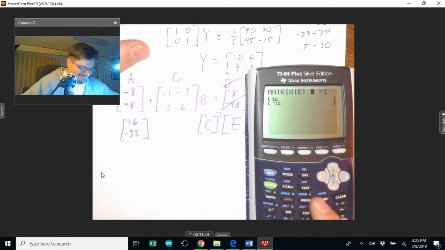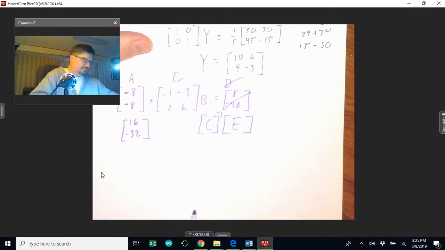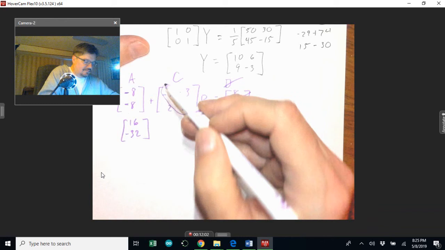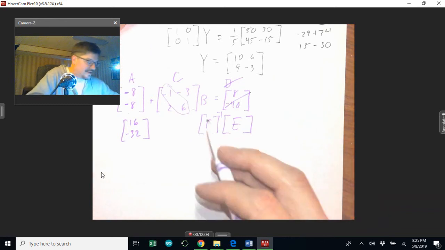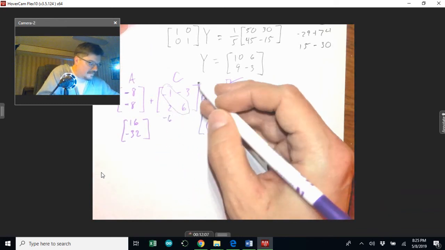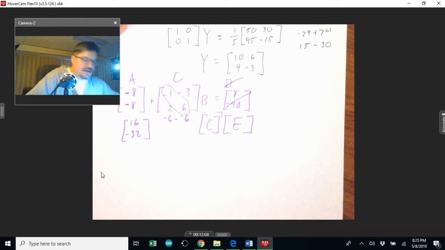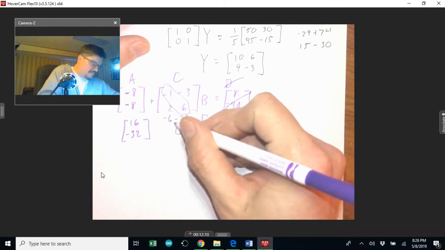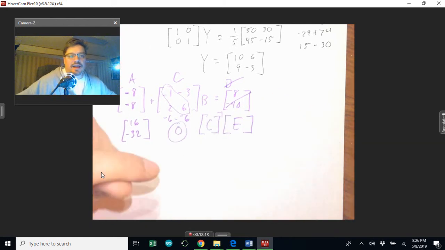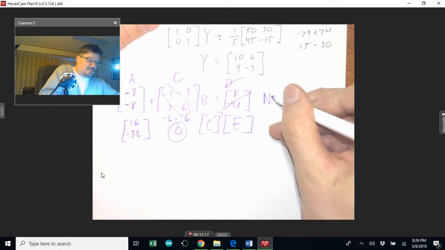Oh, I did not check whether or not C has a determinant. The reason why it's a calculator error is because negative 6 minus a negative 6 is actually 0. So my calculator was saying, sorry guy, there's no inverse. So this means this is a no solution.